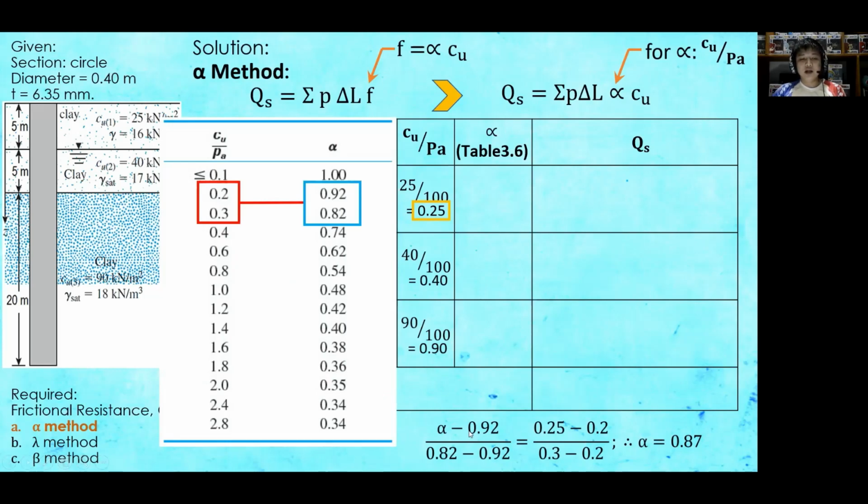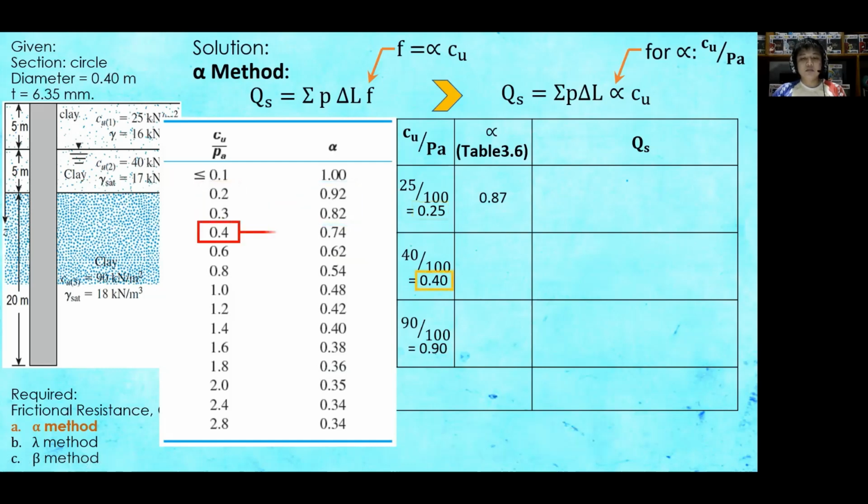So with interpolation, we have alpha minus 0.92, where alpha is the unknown, divided by the outer difference, 0.82 minus 0.92, equal to 0.25, our known ratio, minus 0.2, then divided by 0.3 minus 0.2. Therefore, alpha is 0.87.